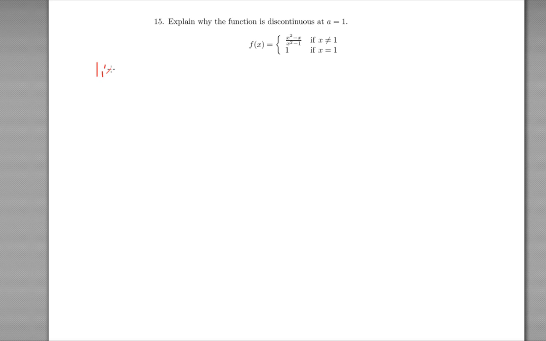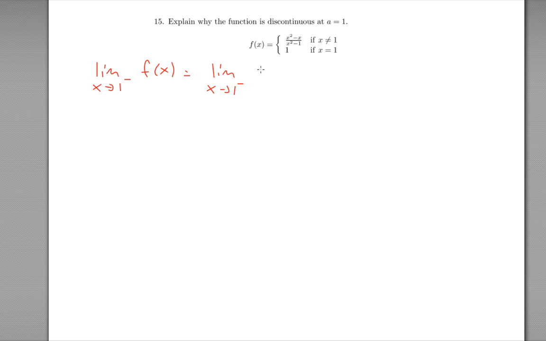So the limit as x goes to 1 from the left of our function is equal to the limit as x goes to 1 from the left of, well, which version of this function should we be using? Well, when x doesn't equal 1, so for us, we're taking x is 0.9, 0.99, 0.99999. So we're looking for x's that are not equal to 1.